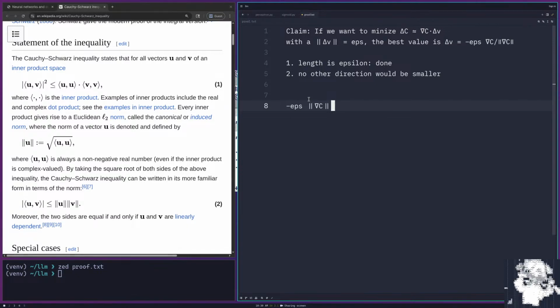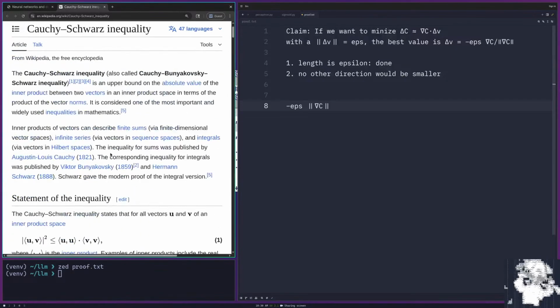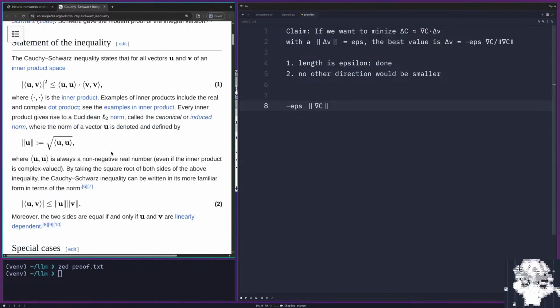And I want to show that we couldn't have moved any farther than that. I'm not exactly sure how the Cauchy-Schwarz inequality comes in yet.